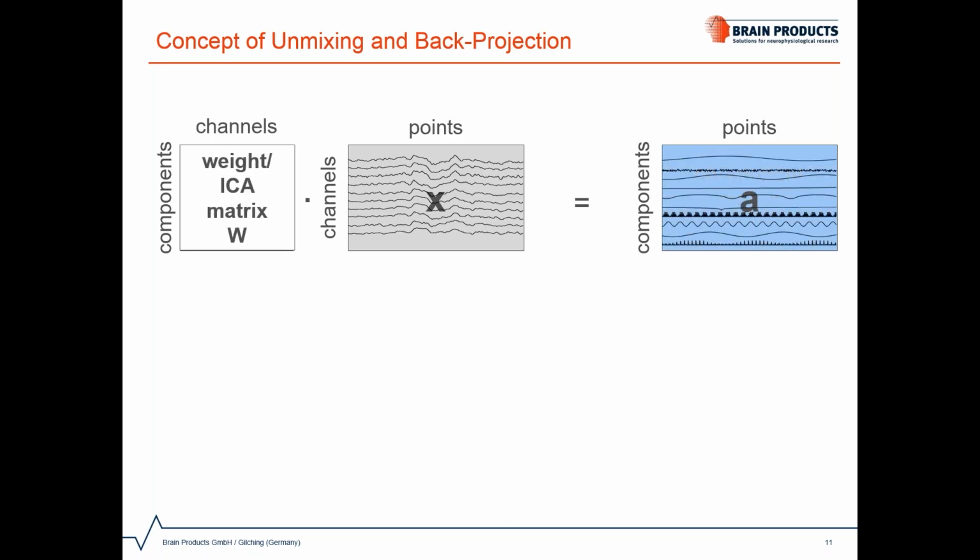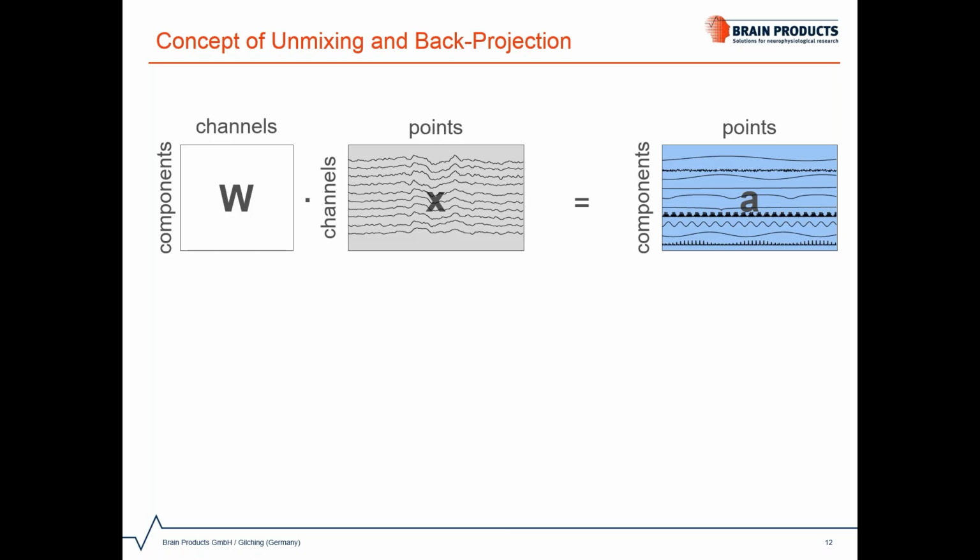To achieve this transformation from data to components, the ICA has to generate a weight matrix or ICA matrix. This matrix contains a set of unmixing weights W for each channel component combination. Multiplying this weight matrix by the data matrix results in the component matrix.